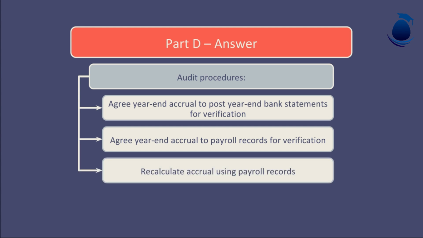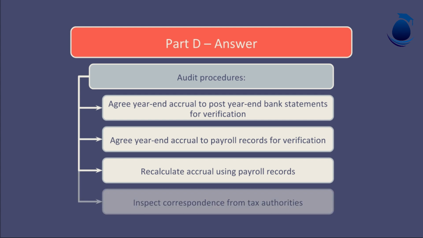Recalculate the accrual using the payroll records to confirm accuracy. And inspect correspondence the client has from the tax authorities to identify any evidence of outstanding amounts. Once these tests are completed, if everything reviewed agrees, the auditor will feel satisfied that the accruals balance is free from material misstatement.